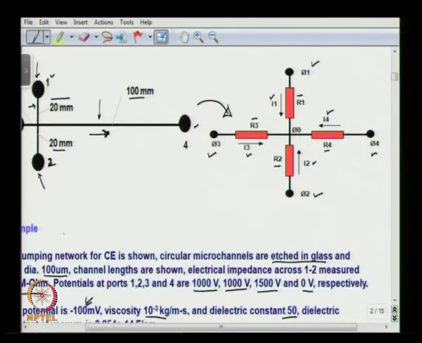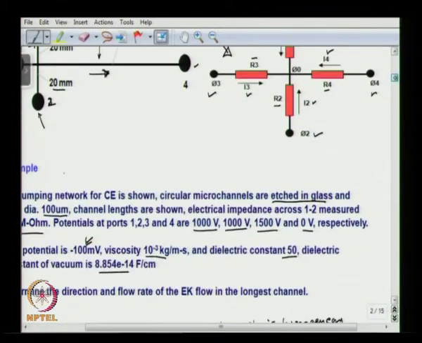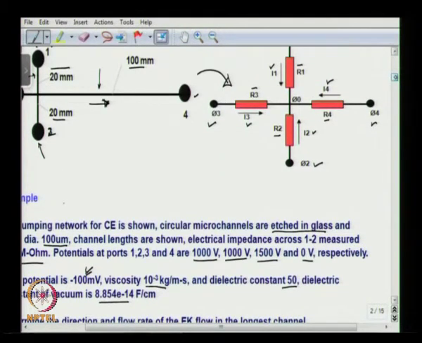Now, if we assume Kirchhoff's law for this electrical network, then we can arrive at a solution.